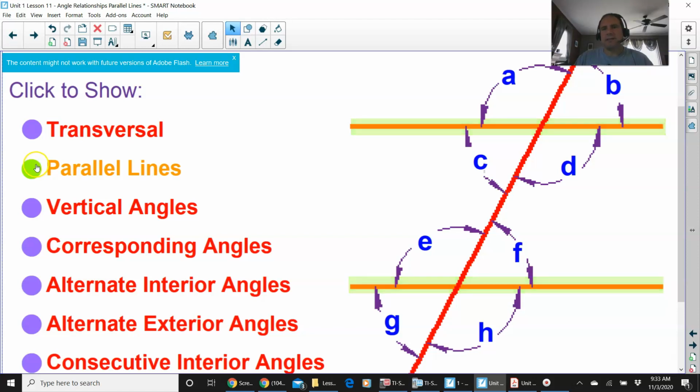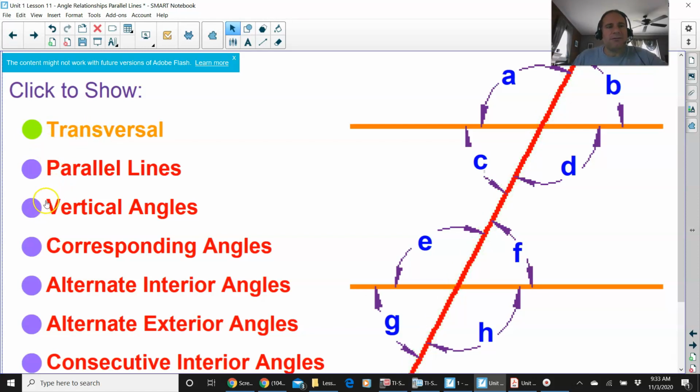All right, so the transversal is the other line right here, going through the parallel lines, cutting through and intersecting them, and creating 8 different angles in this case.